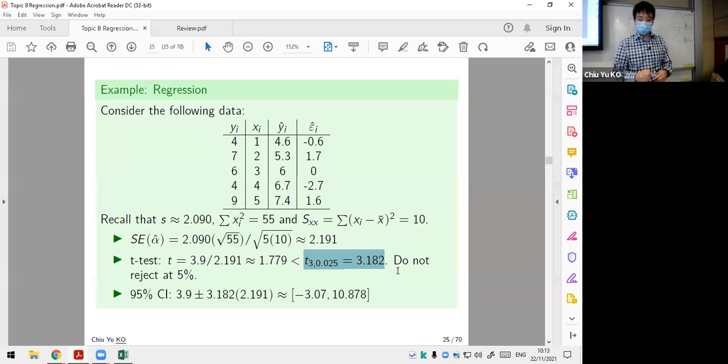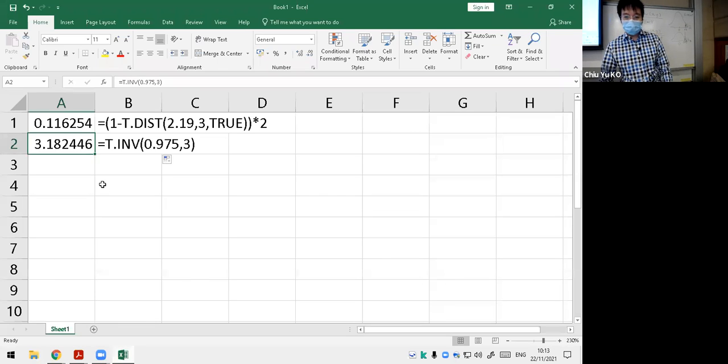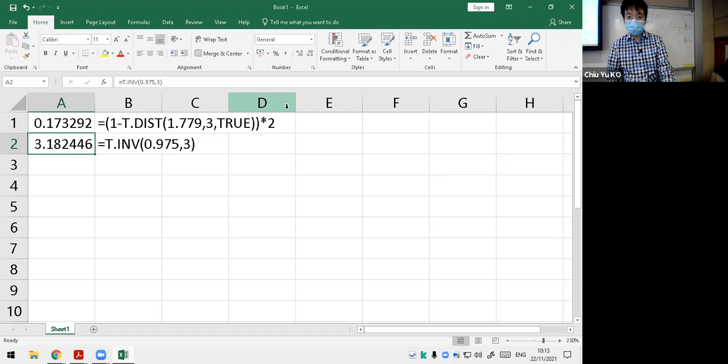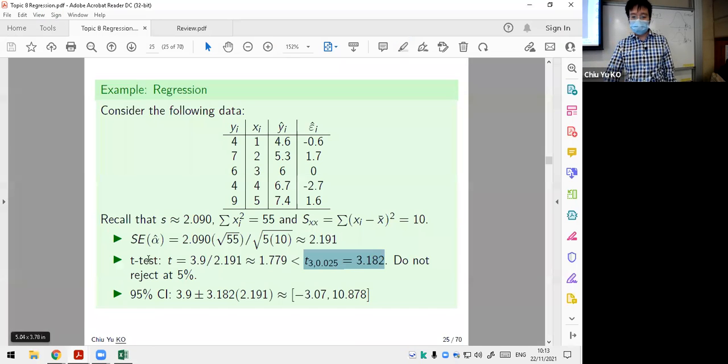So I should change back to 1.779 here. And the p-value is even bigger, 70%. The p-value is way more than 5%, so you really can't reject it.